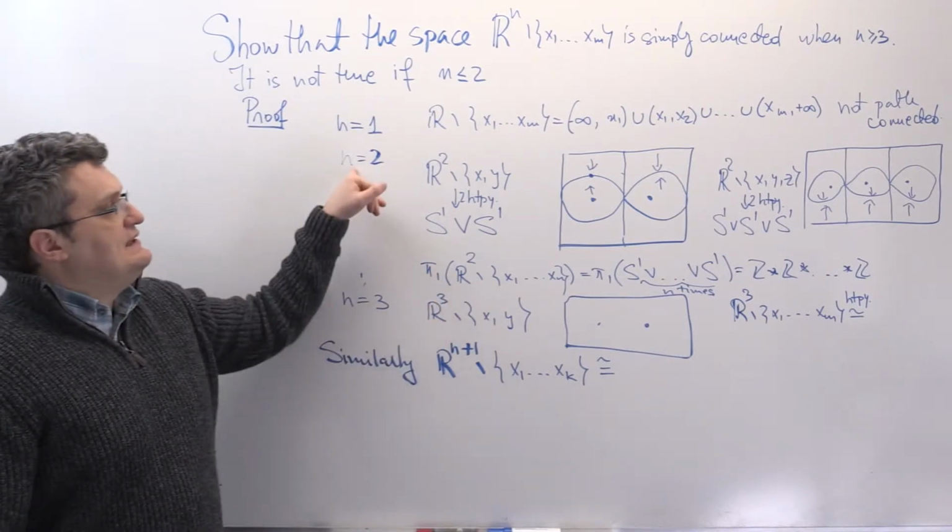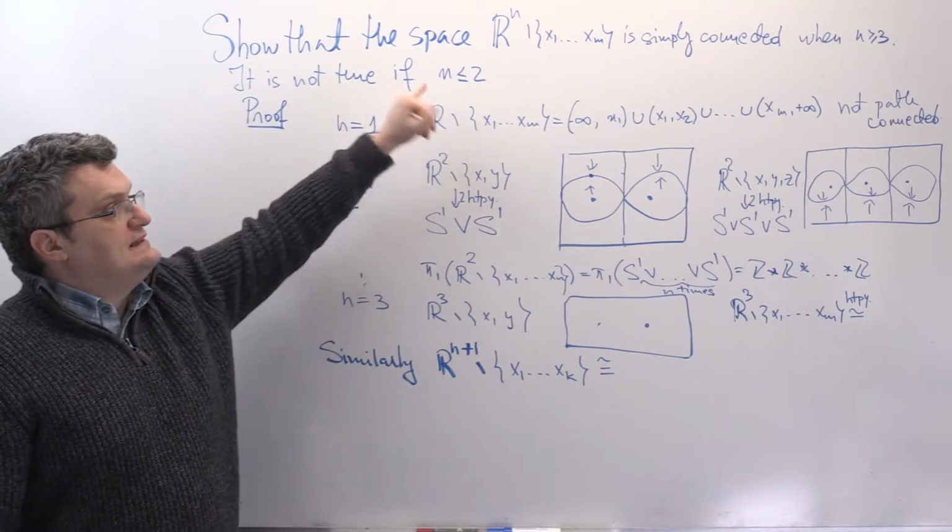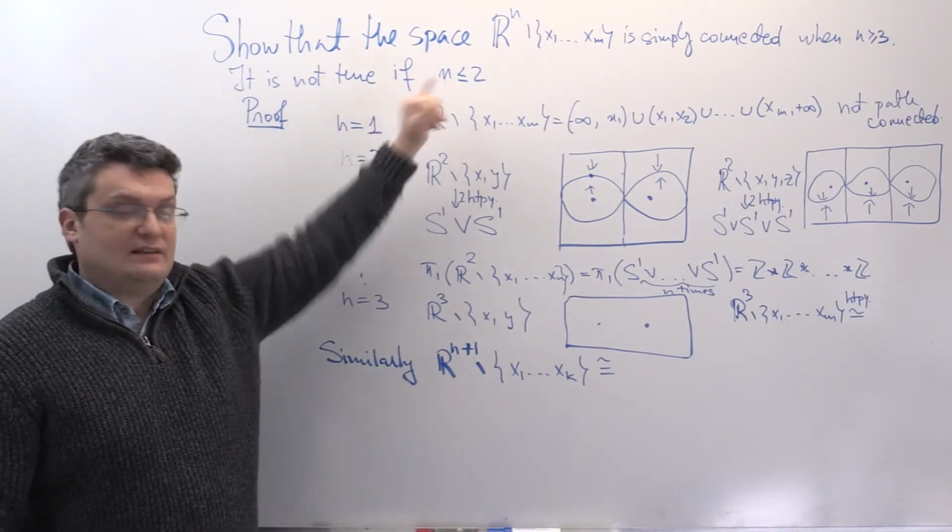So this means that in the case n equal 2, the statement is not true, according to the theorem.